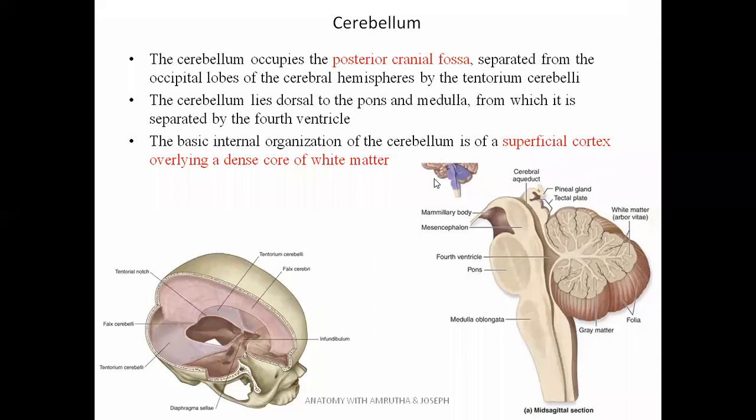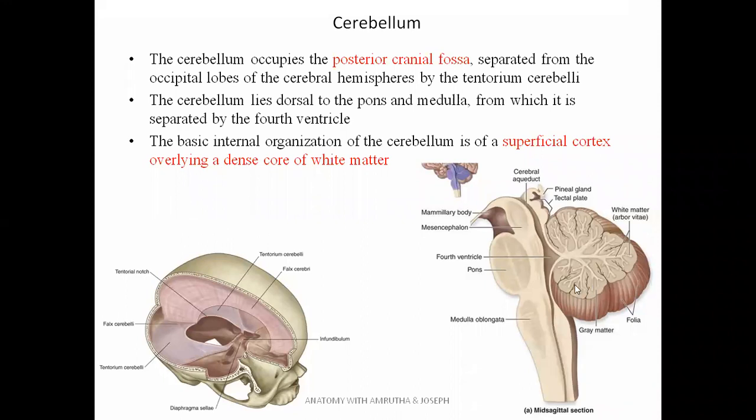The basic internal organization of the cerebellum is of a superficial cortex, which can be seen here, overlying a dense core of white matter. So white matter here is very dense. Over to that, we have the gray matter.